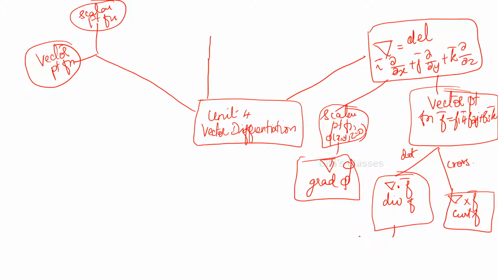Okay. If this is equal to 0, then f is said to be solenoidal. If divergence of f vanishes, then it will become solenoidal. And if del cross f, curl f, vanishes, then it is called irrotational.